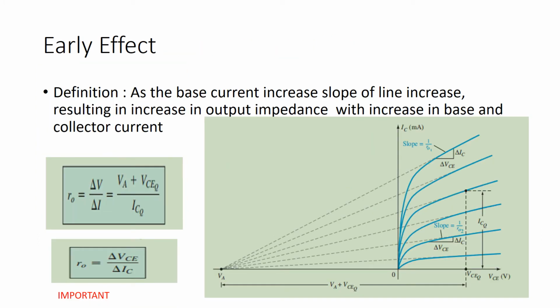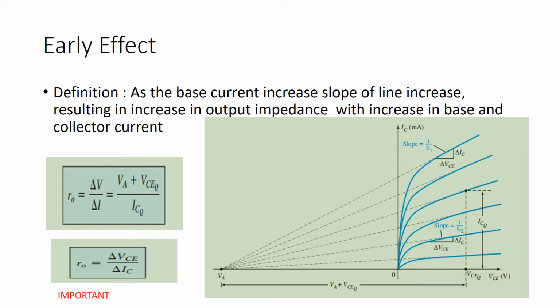Early effect. In this slide, we are trying to understand the effect of operating point Q on the network. You can see that this is a fixed voltage VA, and VCEQ is the operating point voltage, and ICQ is the operating point current.